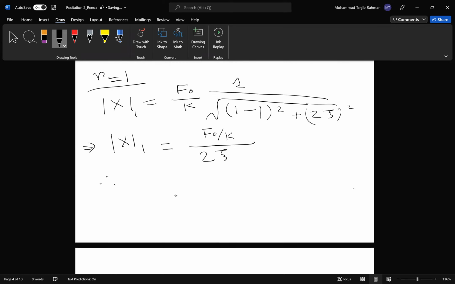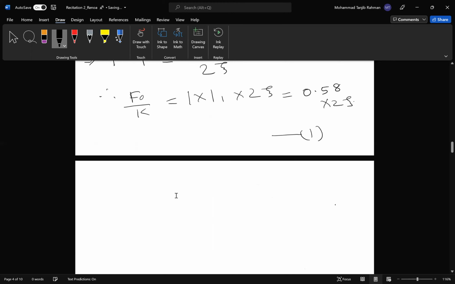We can write f naught by k is equal to x1 into 2 zeta, which is 0.58 into 2 zeta. Equation 1.